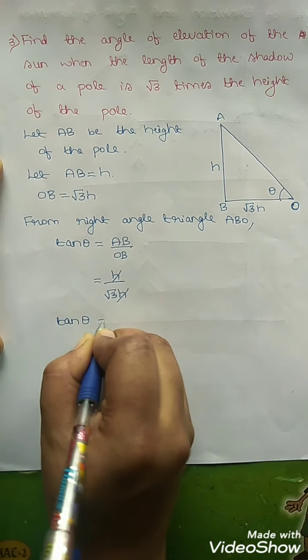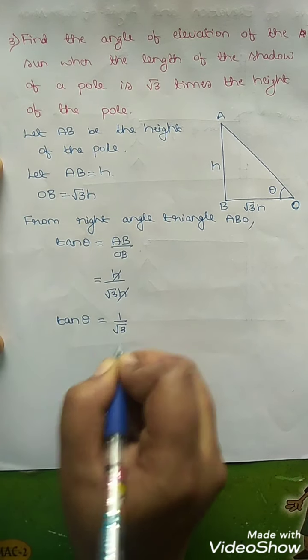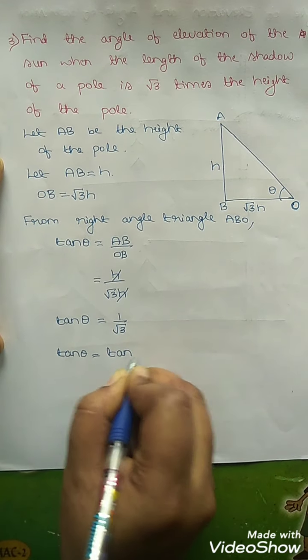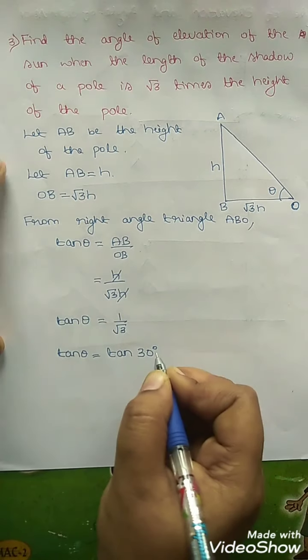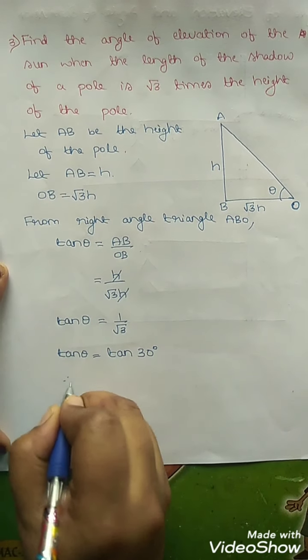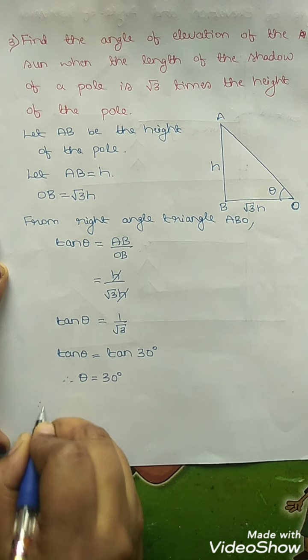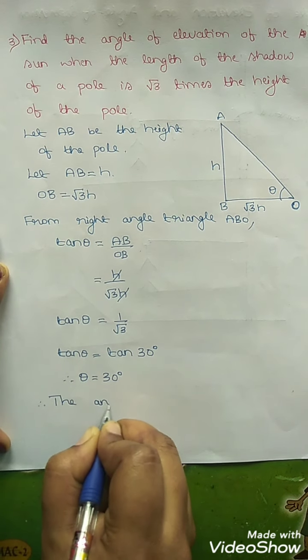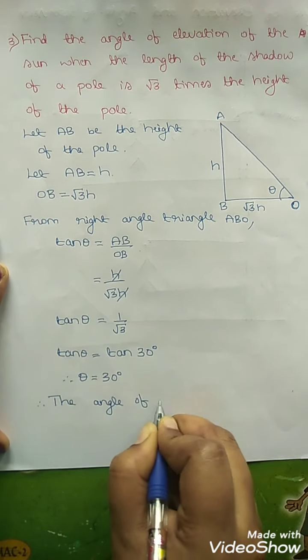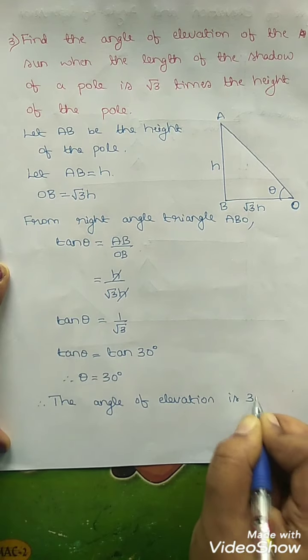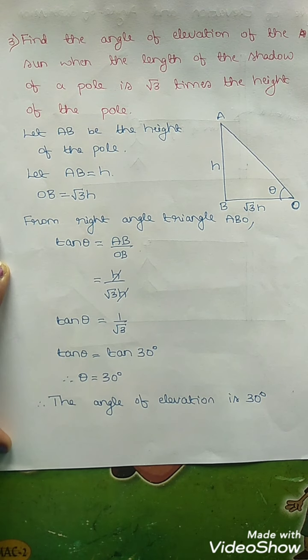Therefore, tan theta equal to 1 by root 3. 1 by root 3 is tan 30 degrees. Tan theta equal to tan 30 degrees. Therefore, theta equal to 30 degrees. Therefore, the angle of elevation is 30 degrees. Okay. Thank you, students.